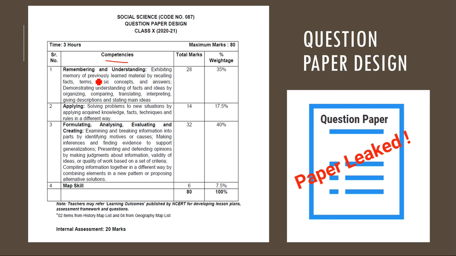You can see here, remembering and understanding, total marks is 28, weightage is 35%, applying 14, 17.5%, formulating, analyzing, evaluating and creating, it's 32, 40%, map 6 marks, 7.5%, so that comes to 80. So 2 items from history and 4 from geography will come.